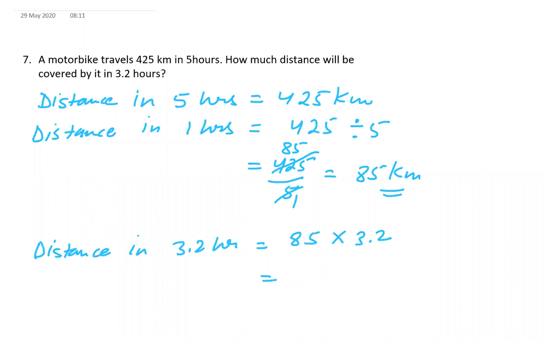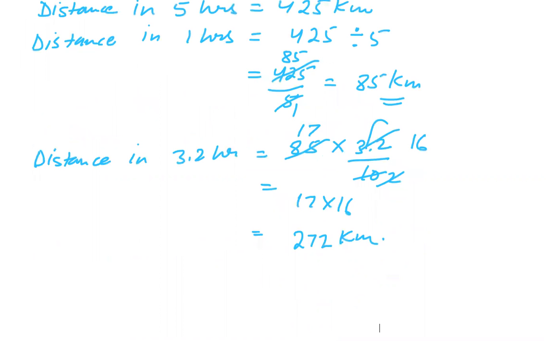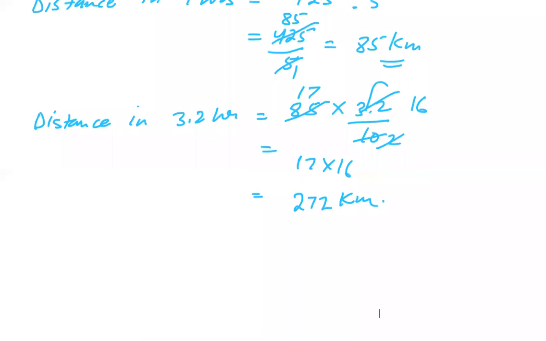Your answer is going to be, remove the decimal, increase by 10. 5 ones are 5, 3 carry, 5 7s are 35. 5 2s are 10. 2 ones are 2, 2 6s are 12. So the answer is, beta, what is the answer? 272 kilometers. So in 3.2 hours, we will be covering 272 kilometers.